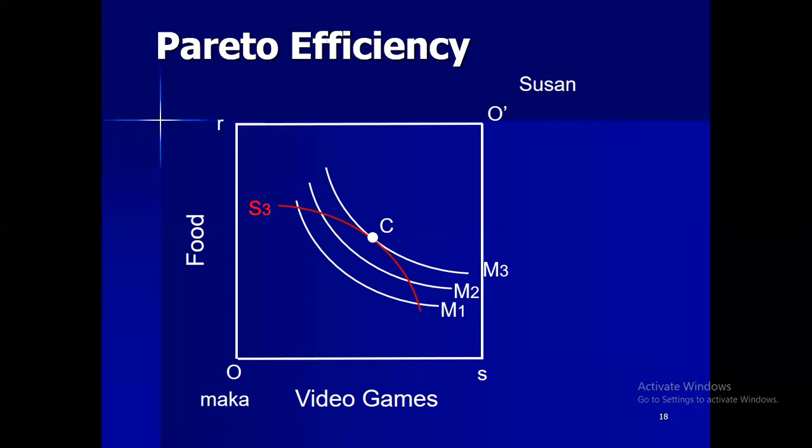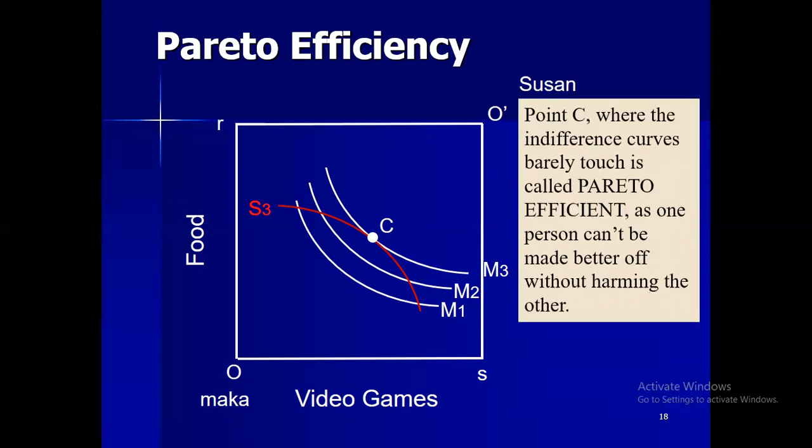An allocation such as point C, at which the only way to make one person better off is to make another person worse off, is called Pareto efficient. This point is called Pareto efficient, where one person cannot be made better off without harming the other one.